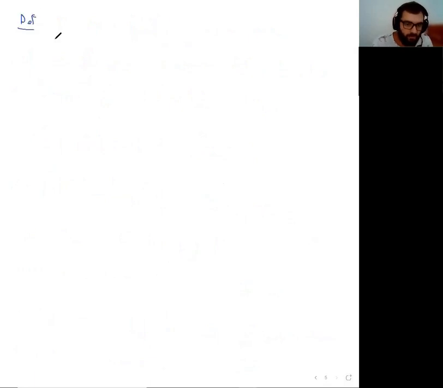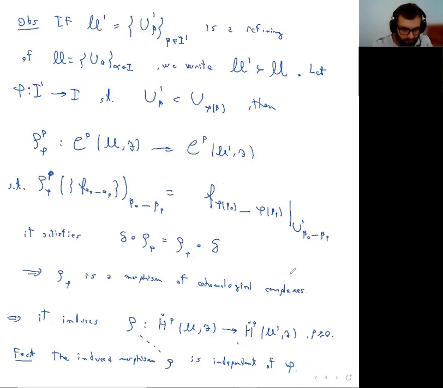Okay, so now not only do we have a lot of different cohomological complexes, one for each cover, but we also have a directed system of them. Because every time I have a cover, I can always take a refinement. And if I have two covers, I can take a common refinement. So this is a directed system, which means I can take the direct limit.